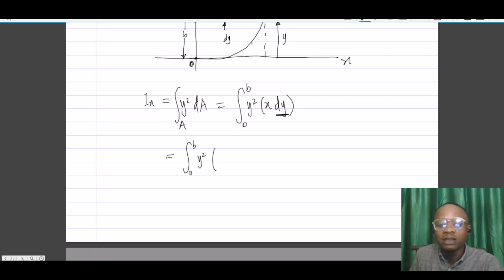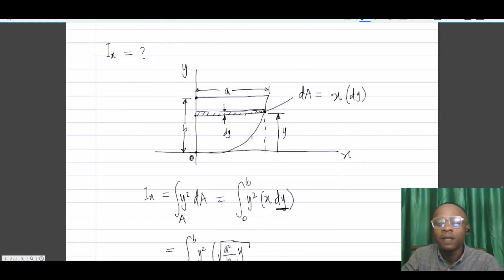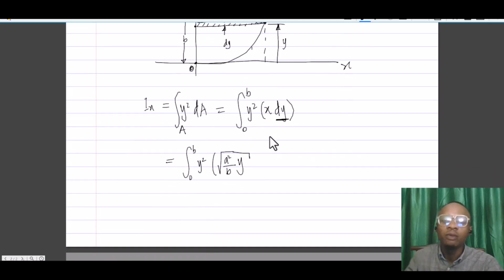We now know that x is meant to be the root of a squared over b multiplying y. So this root covers everything. Root of a squared over b multiplying y. With that, we will now just close this bracket.